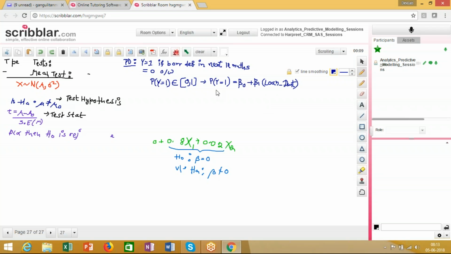So now let us think about this one. The first question that comes up is: how can I convert this from a fractional variable into a continuous variable? So what we do is we convert this into the odds.